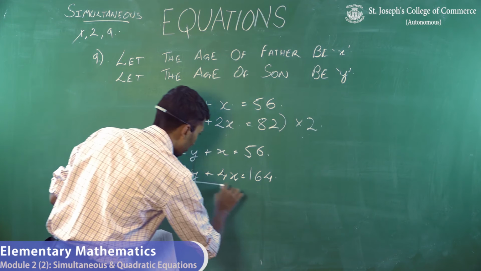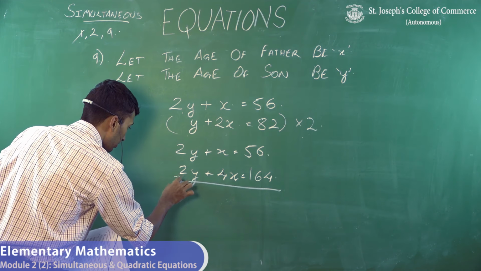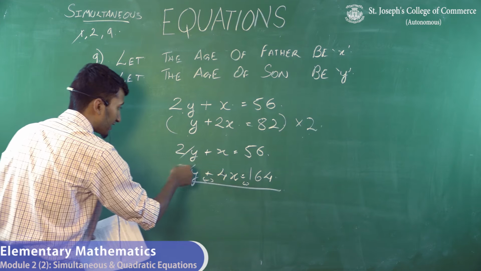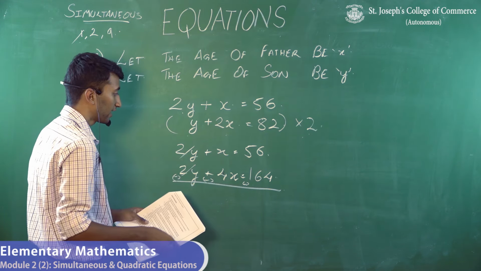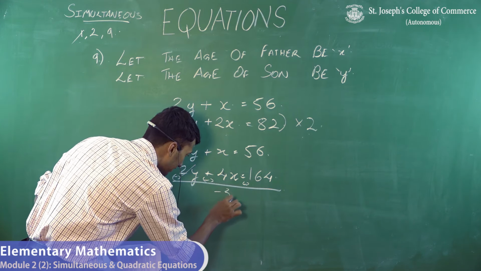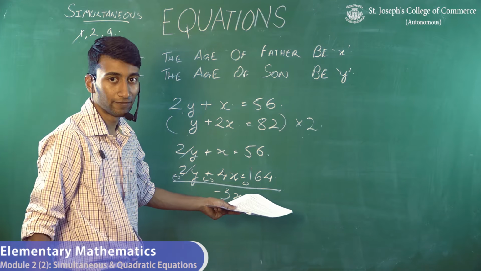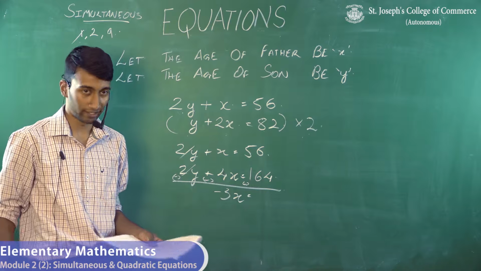So if you change the signs, 2y gets cancelled out, minus 4x plus x will give you minus 3x, and 56 minus 164 is minus 108.